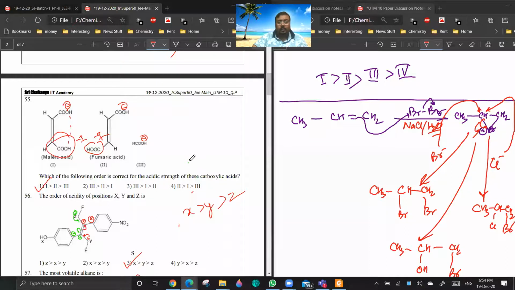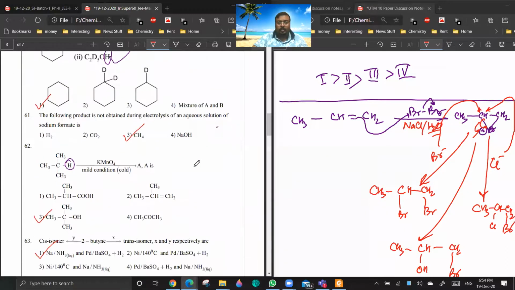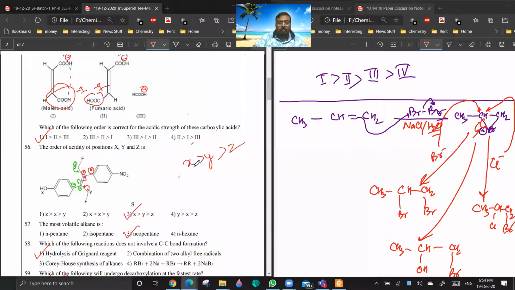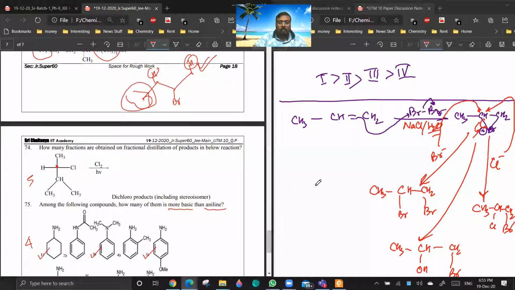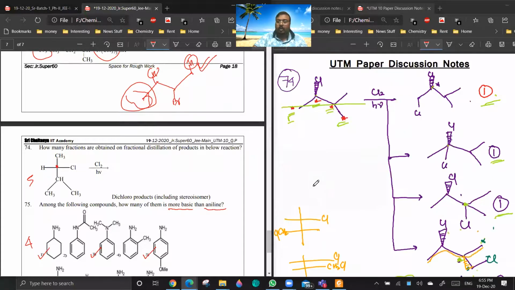Any other doubts in this paper? So once again, can you explain 74? Yeah. See, here they have fixed the orientation. They are only taking one of the enantiomers of this compound. So that enantiomer I have shown by this line, the back wedge or downward.